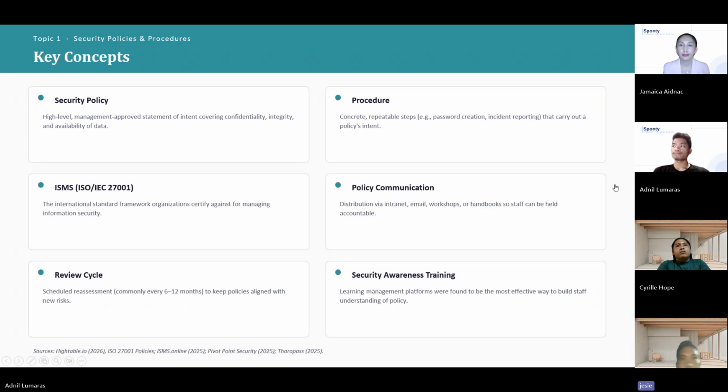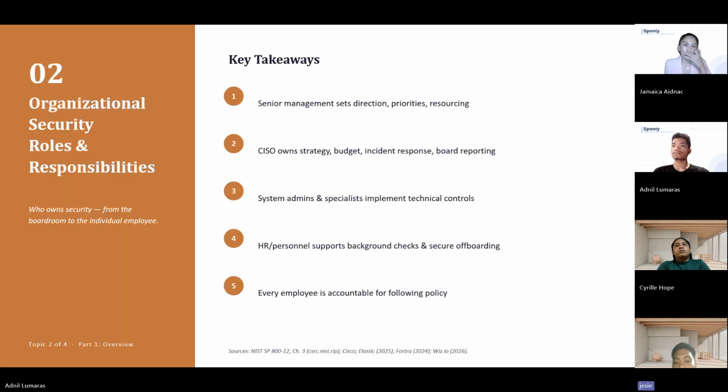So let's proceed to the second topic, which is organizational security roles and responsibilities. How organizations assign ownership of security tasks across leadership, specialists, and everyday employees, so that security is not left to chance.